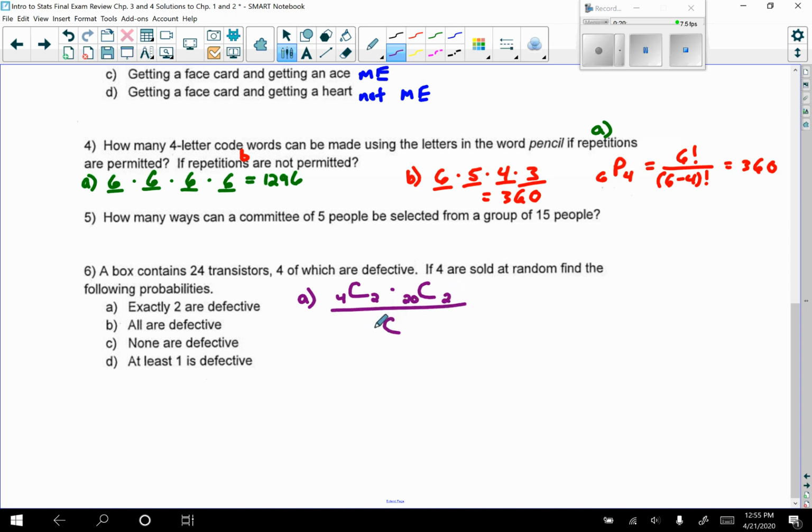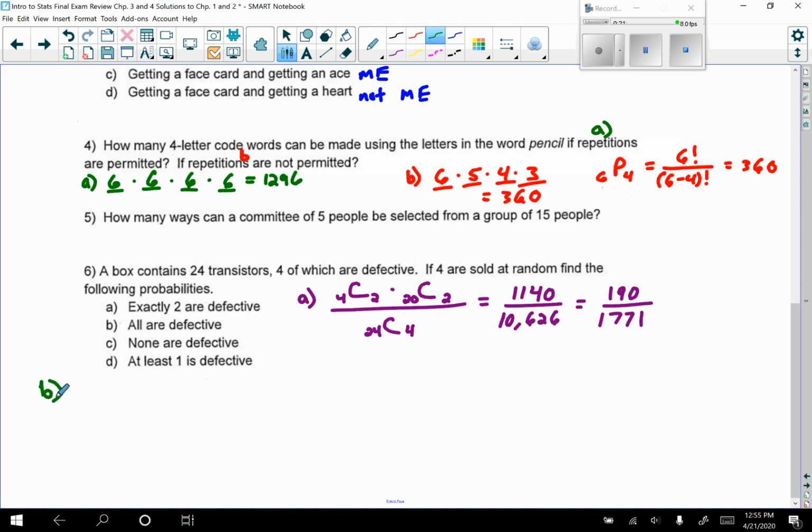But then we're going to take that over all 24 total, choosing 4 together. And then you can just use your calculator to figure out what this is. First, you might be getting 1140 over 10,626, or it might take you right to the simplified form, 190 over 1771. You could leave it like that, or you could turn it into a decimal as well.